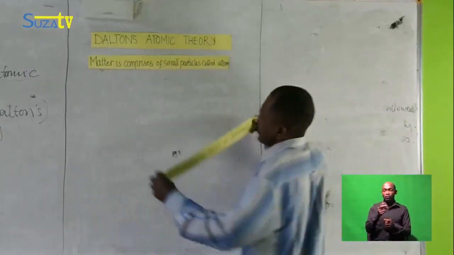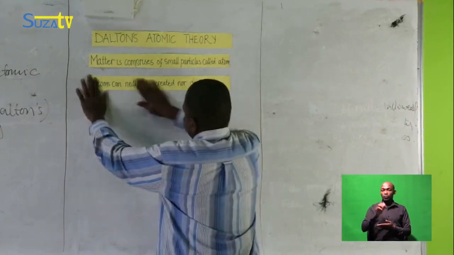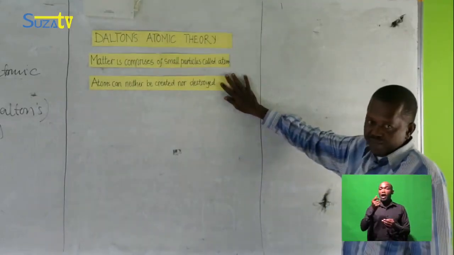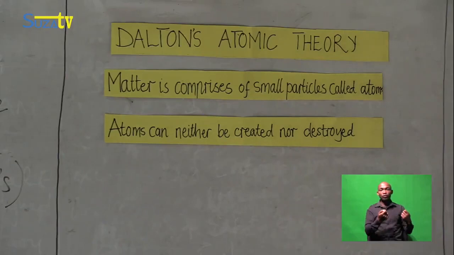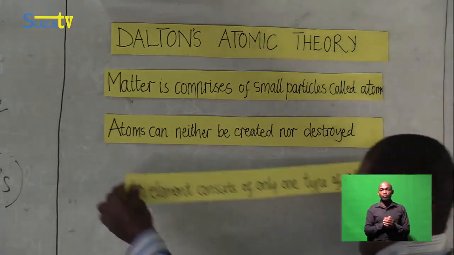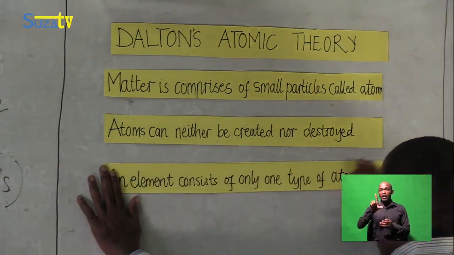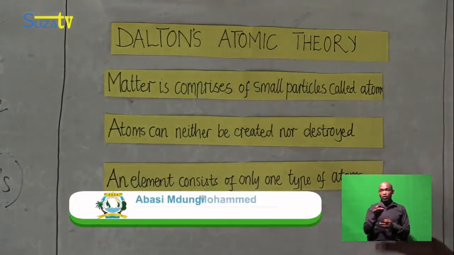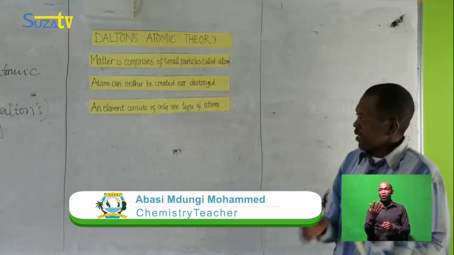The second one is atoms can neither be created nor destroyed, of course, in chemical reactions. Postulate number 3 is an element consists of only one type of atom.